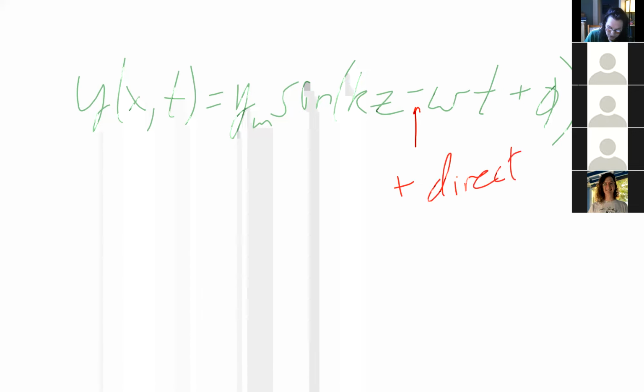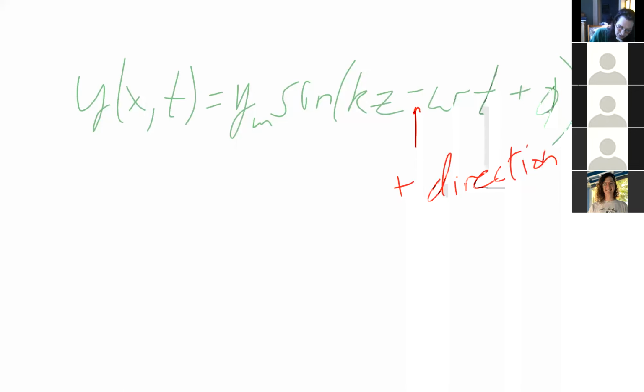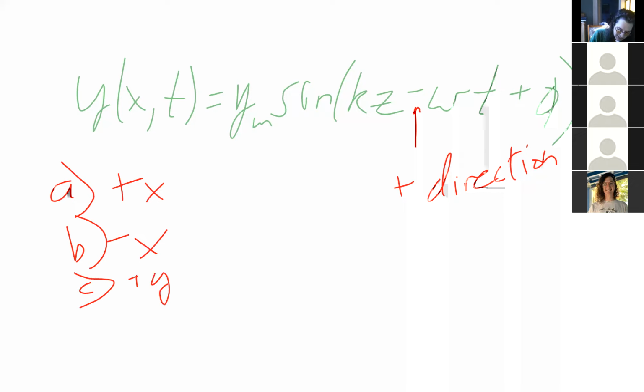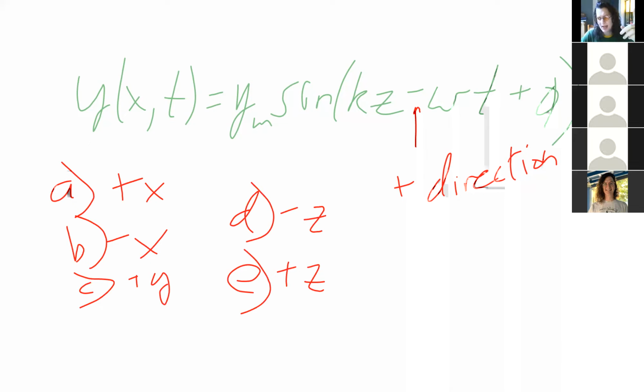But the answer choices for this give you something like, answer A is the positive x, answer B is the negative x, answer C is the positive y, answer D is the negative z, and answer E is the positive z, something like this. And so you'll notice that we have other directions other than x indicated.